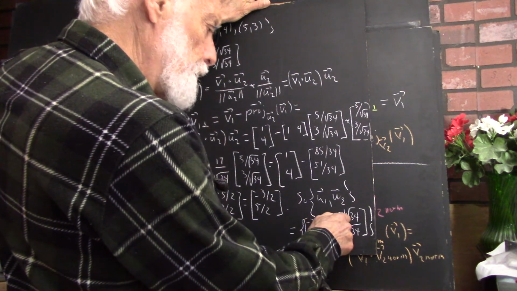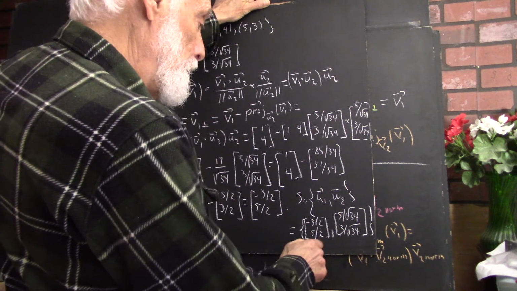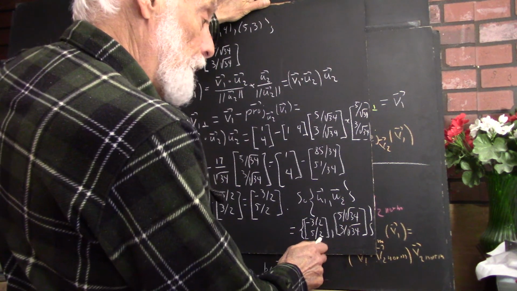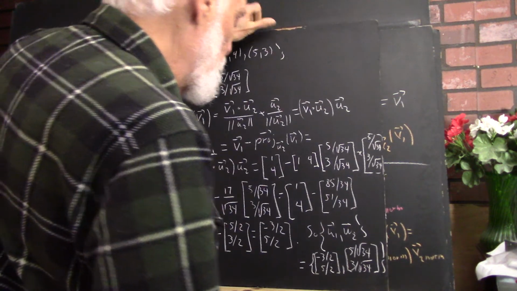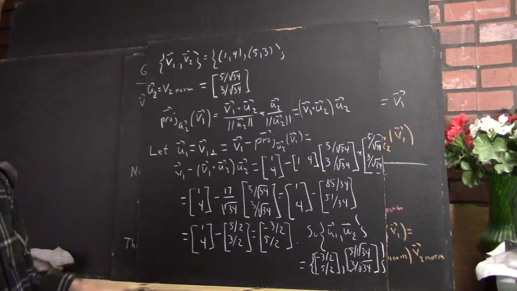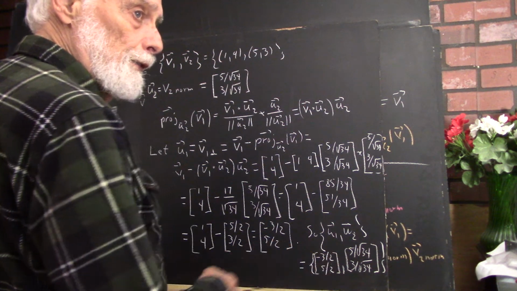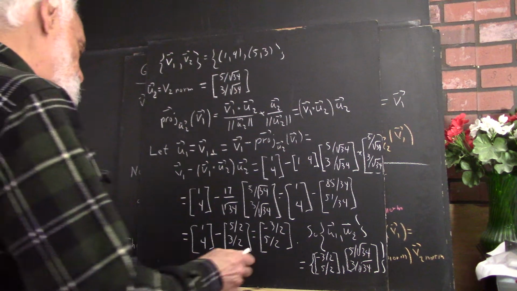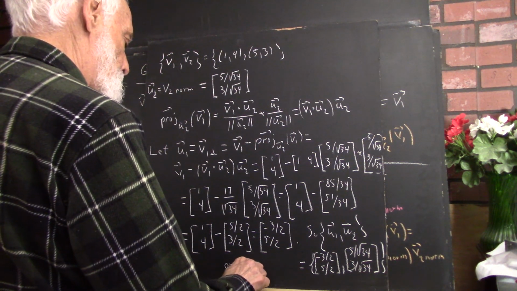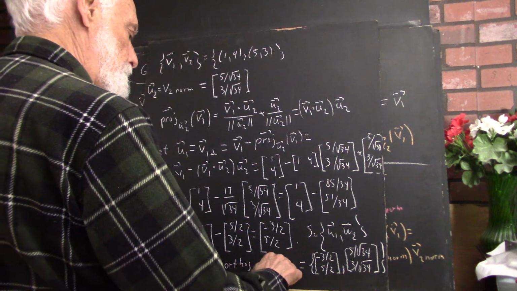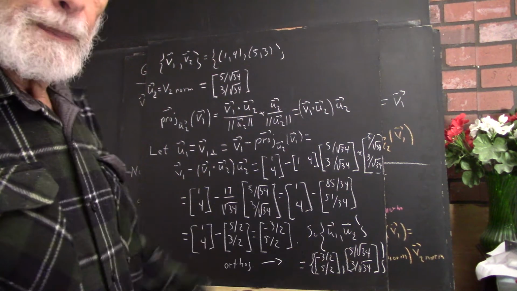You get negative 15 over 2 times the square root of 34, plus 15 divided by 2 times the square root of 34. Gives you 0. This is orthogonal, it's not orthonormal. Okay? To get it orthonormal, you're going to have to normalize this vector. So, it's orthogonal, almost orthonormal. So one more step to orthonormalize it.